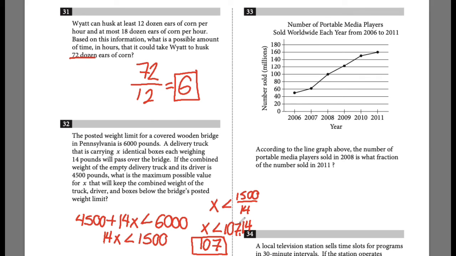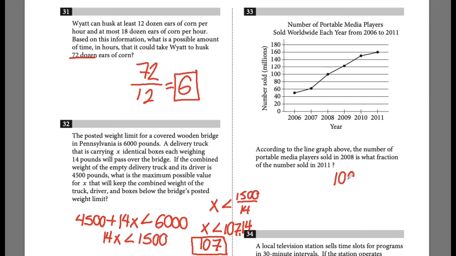Number 33. According to the line graph above, the number of portable media players sold in 2008 is what fraction of the number sold in 2011? So if we look at the number sold in 2008, it is 100.